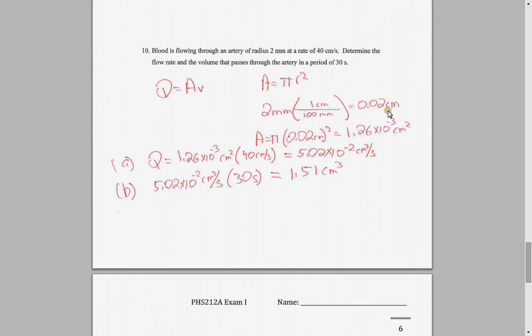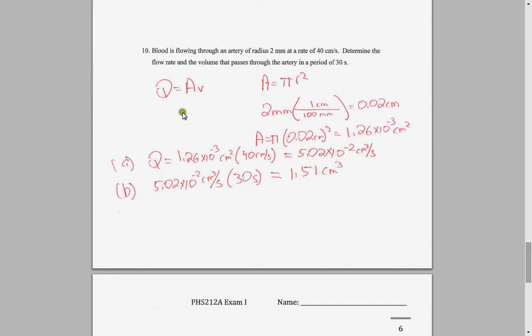So we figure out the area, pi r squared, radius 2 millimeters. So there's 10 millimeters in 1 centimeter. So we convert this to centimeters and then figure out the area in square centimeters.